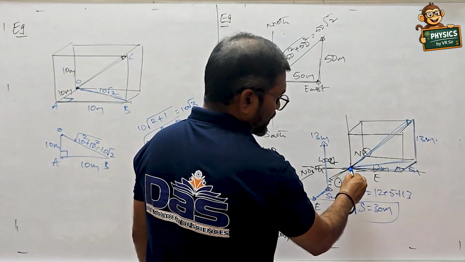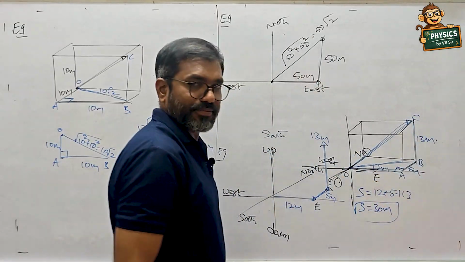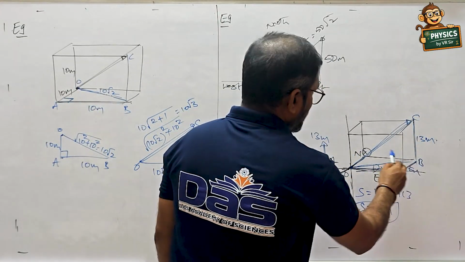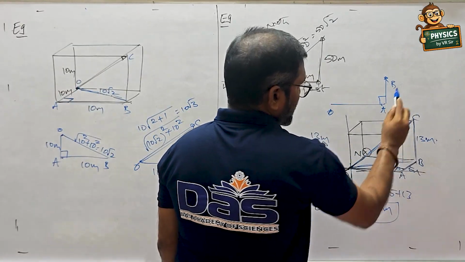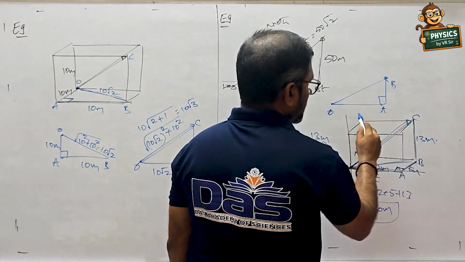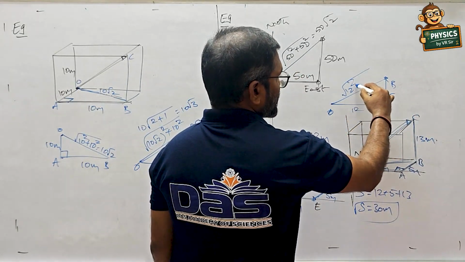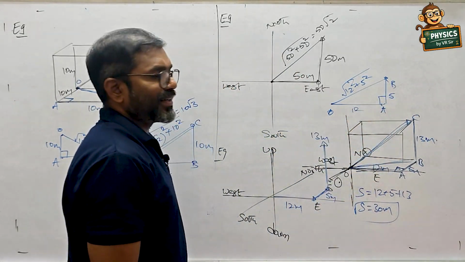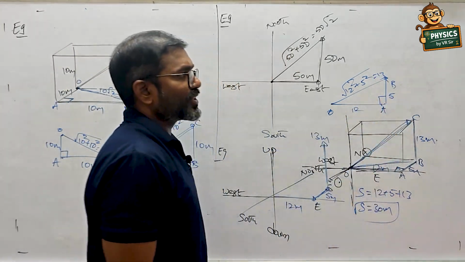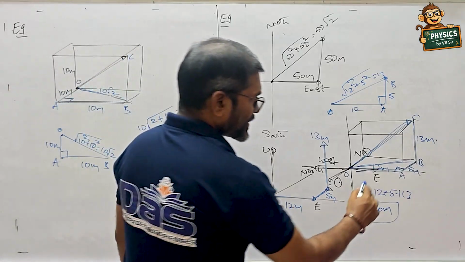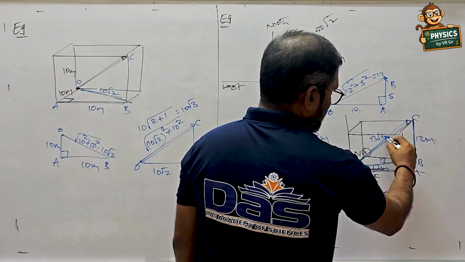Let me take this is O, this is A, this is B, this is C. Now OAB is a right angle triangle. This is 12, this is 5. Then how about OA? It's root over 12 square plus 5 square, isn't it, 144 plus 25? It's 169. Root 169 is nothing but 13. So this distance is 13. And what about this again? 13.